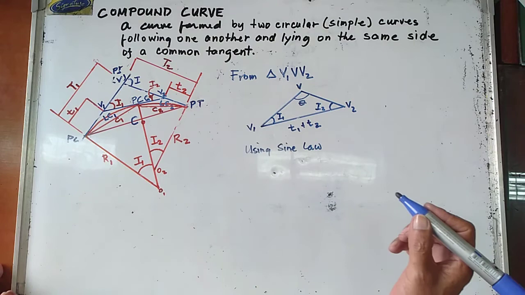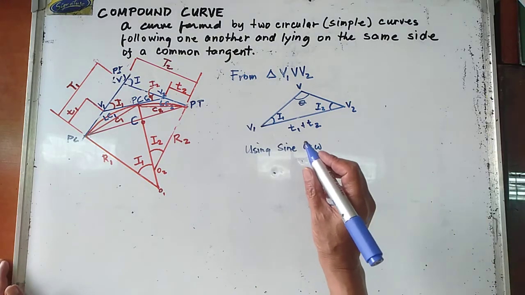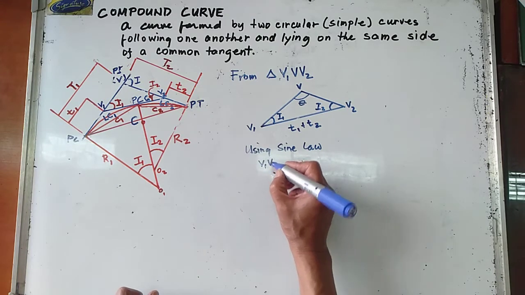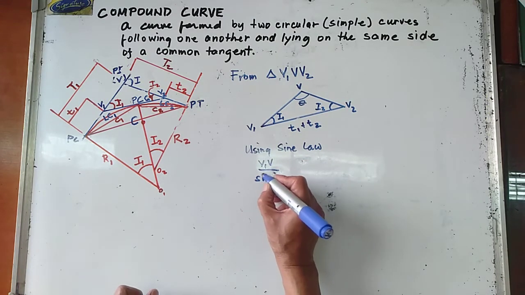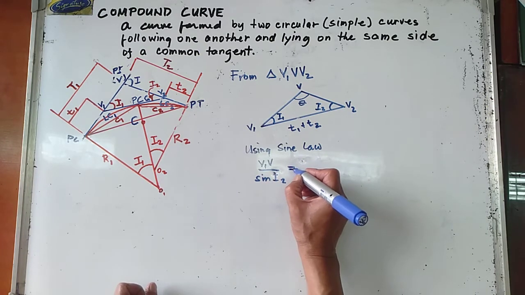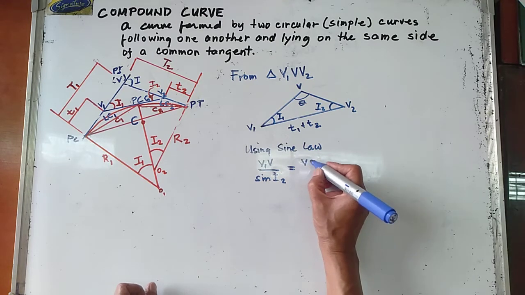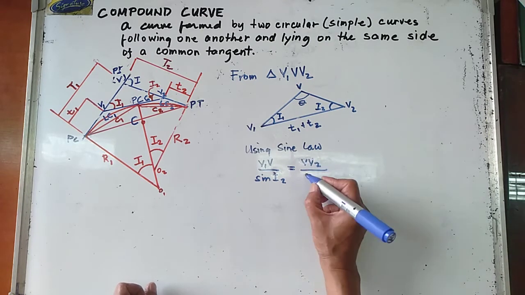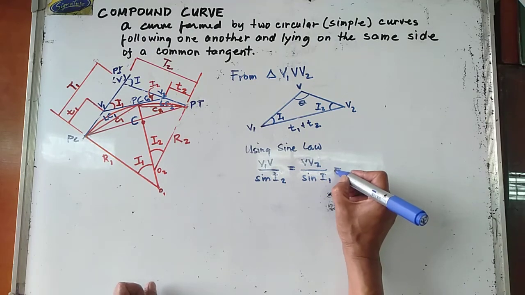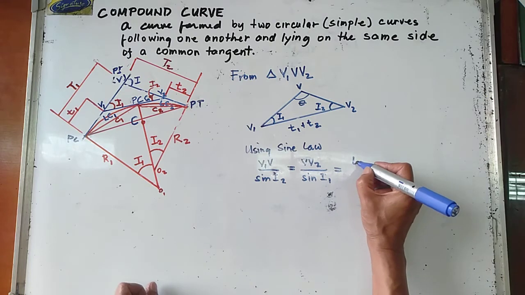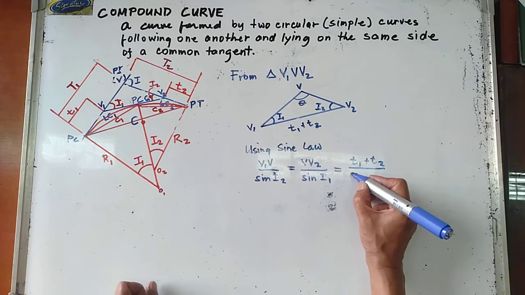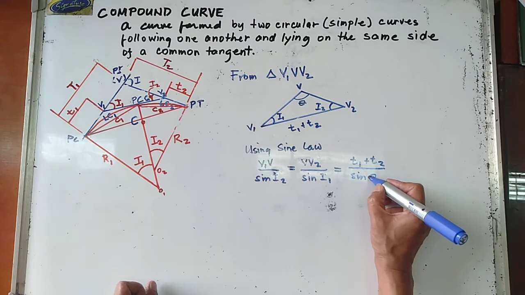Using your sine law, we have V1V is to sine I2 is equal to V2V is to sine of I1, is equal to T1 plus T2 is to sine of theta.